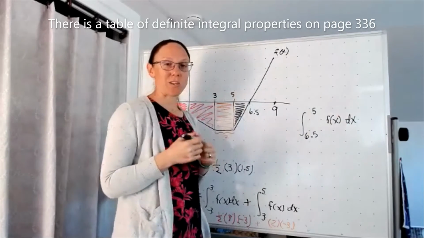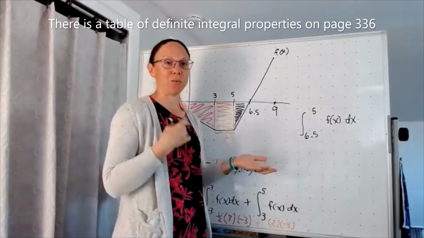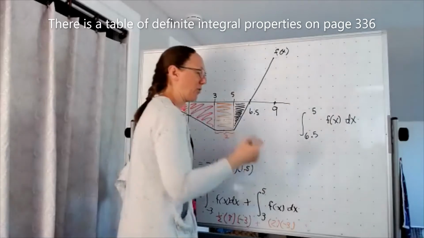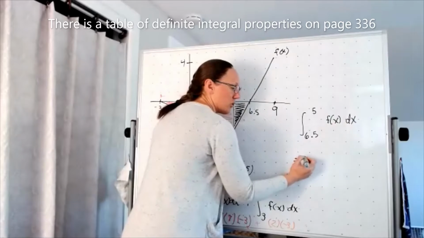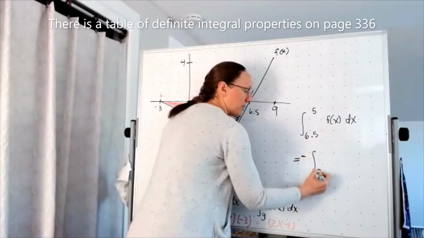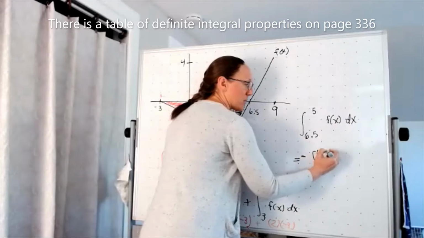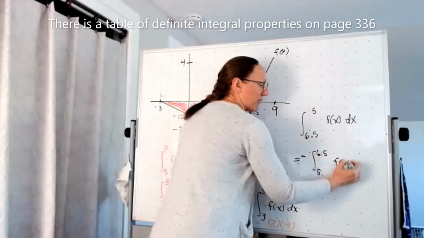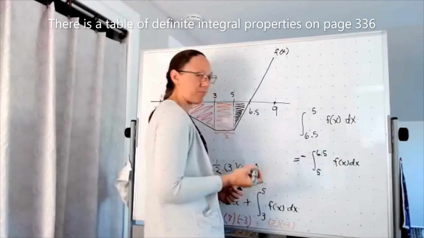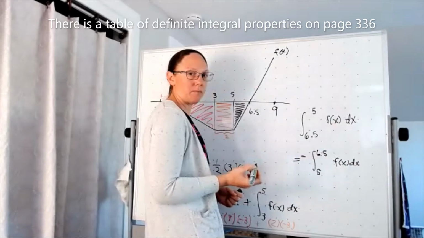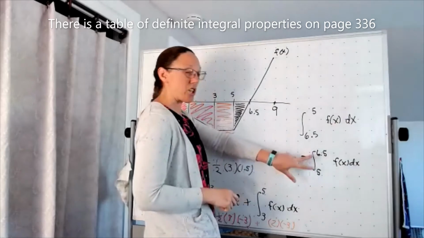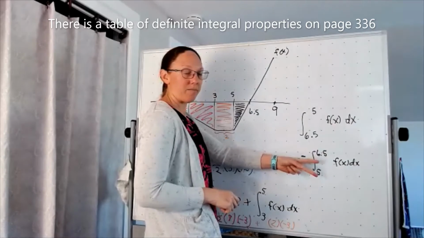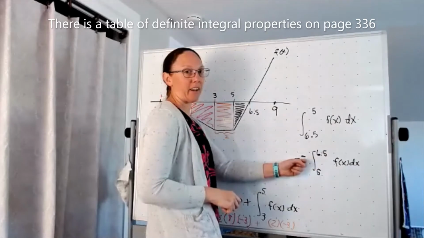So one of those actual formulas that we do need to know around integrals is that this is equivalent to doing the negative of the integral from 5 to 6.5 of f of x dx. So if you switch the order of the limits, we make the whole thing negative.